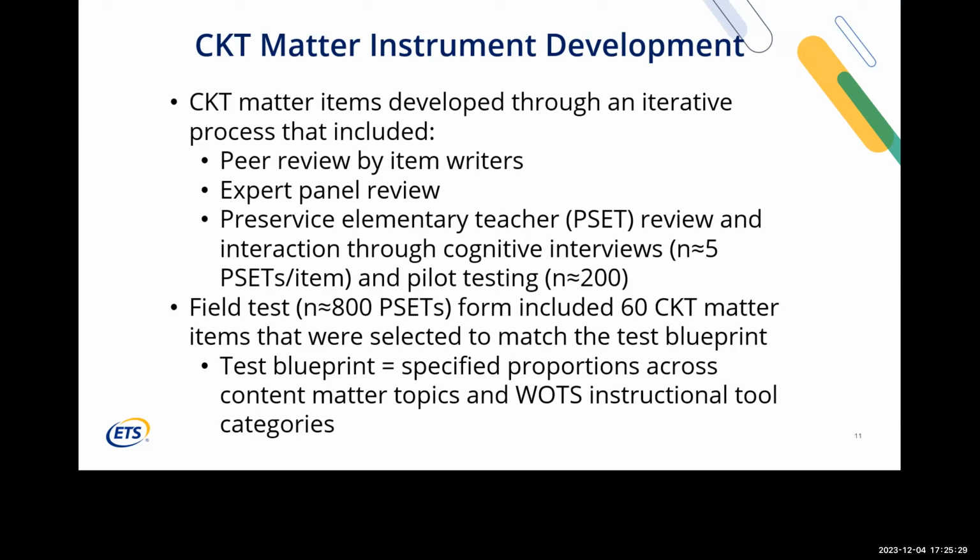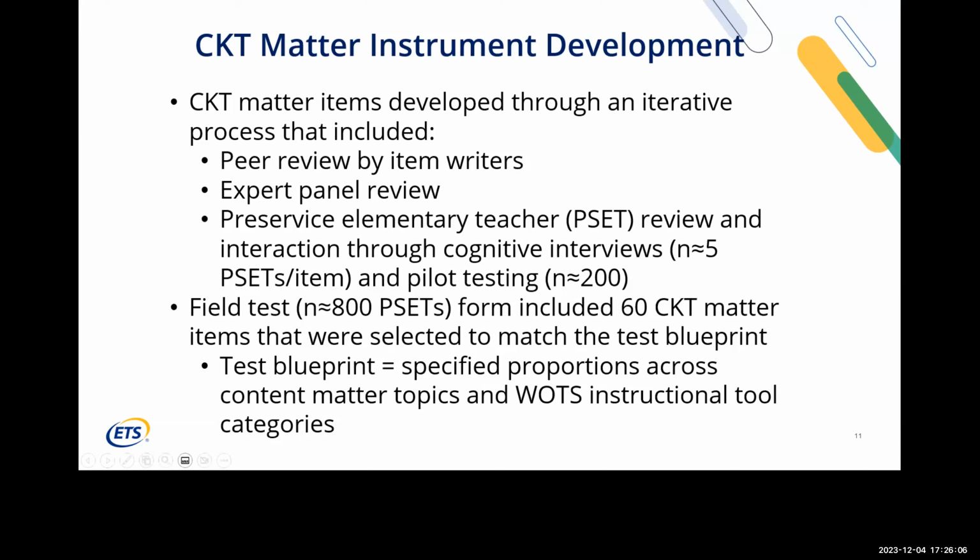The CKT Matter instrument that we used in our final field test included a set of 60 CKT Matter items, and we field tested those with a little over 800 pre-service elementary teachers all across the United States. We made sure that across the 60 items, they aligned with our test blueprint, with specified proportions across those 5 content matter topics and those 7 work of teaching science instructional tool categories.